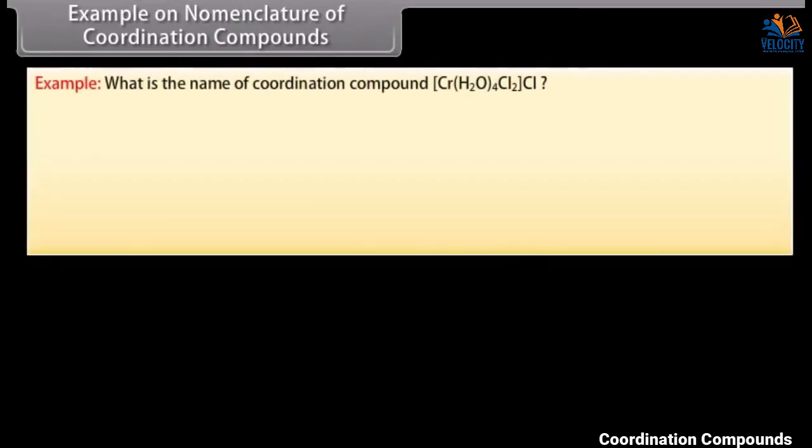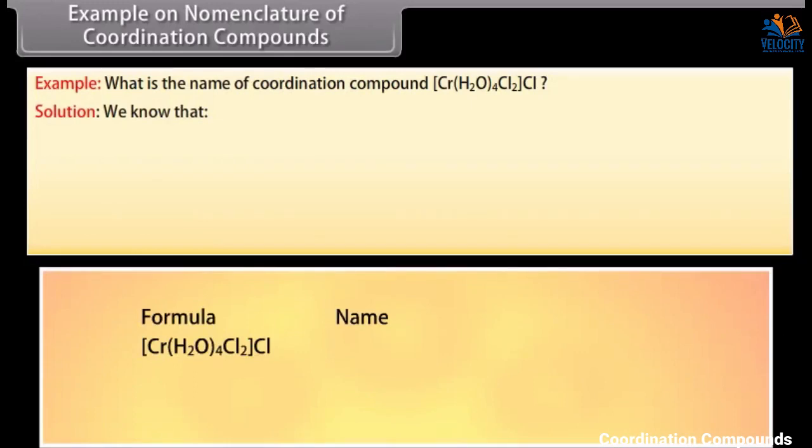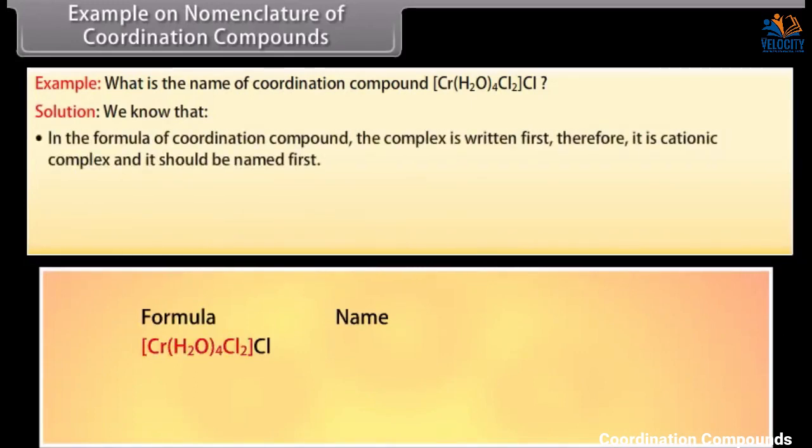Example on nomenclature of coordination compounds. Let's take an example on nomenclature of coordination compounds. What is the name of the coordination compound [Cr(H2O)4Cl2]Cl? Let's see the solution. In the formula of a coordination compound, the complex is written first, therefore it is the cationic complex and it should be named first.